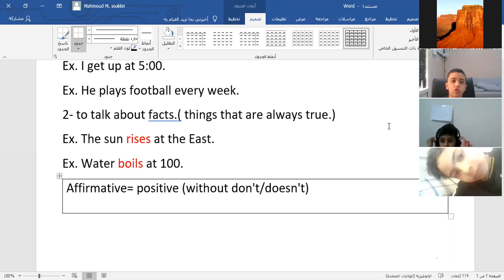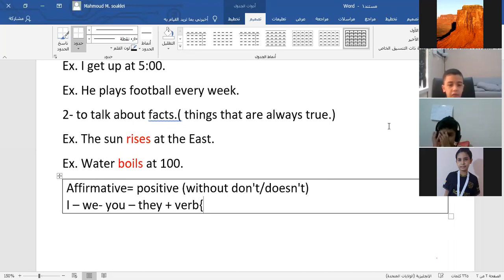How to make this sentence? With I, we, you, and they, we use the verb without any endings. Let me stress this idea, with no S. Let's have examples.